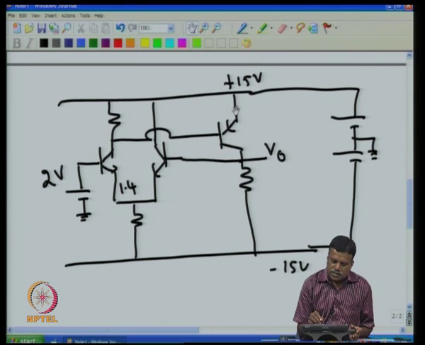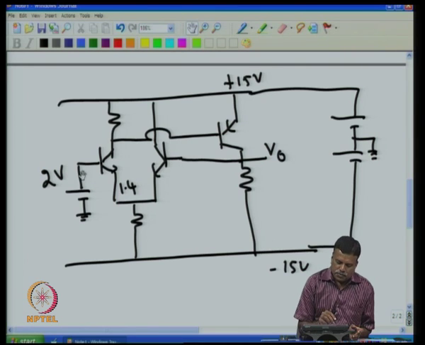Now, we know that this is a PNP transistor, base emitter voltage had to be only 0.6 for forward biasing. That means, if there is a current and that current produces a voltage of 0.6 volt across this, then that 0.6 volt will make this transistor forward bias. That means, this will start conducting.